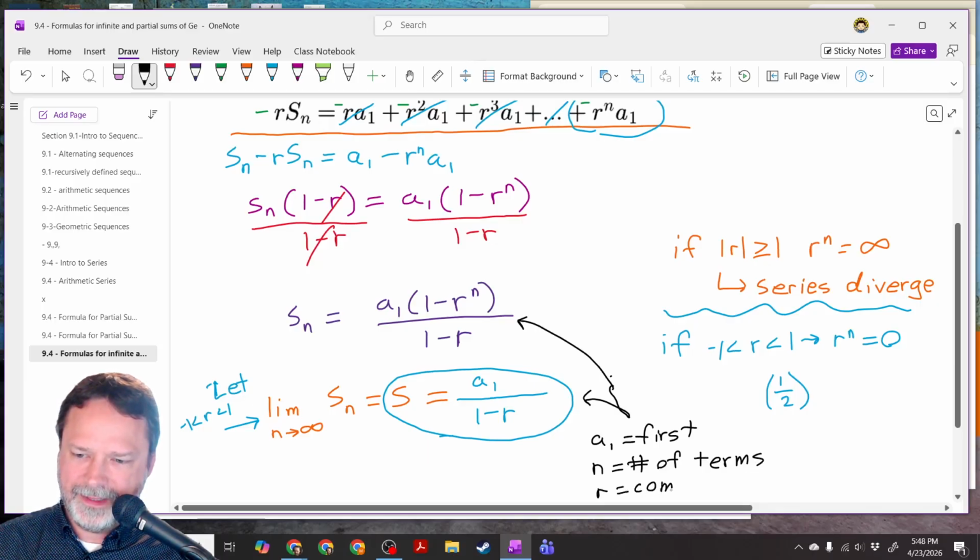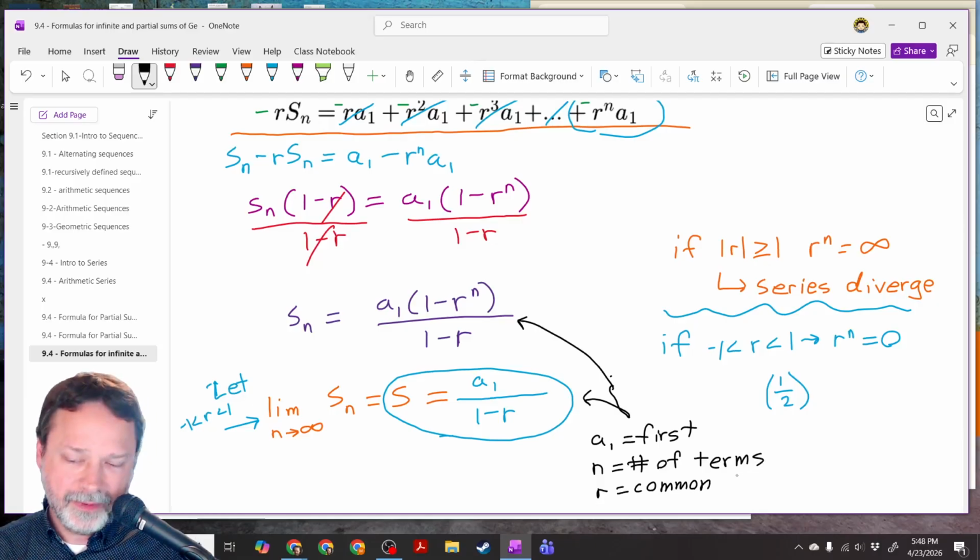That's all we need in order to compute or evaluate these partial sums or infinite sums of geometric series.